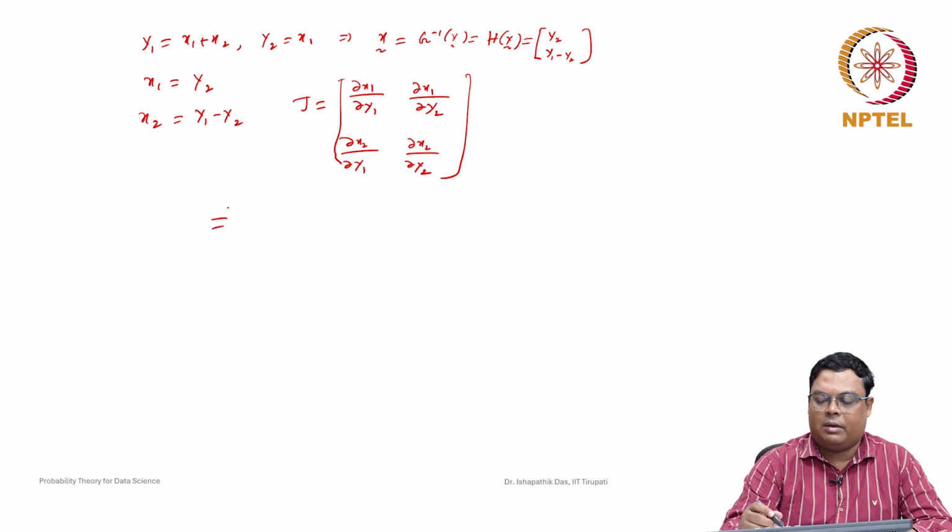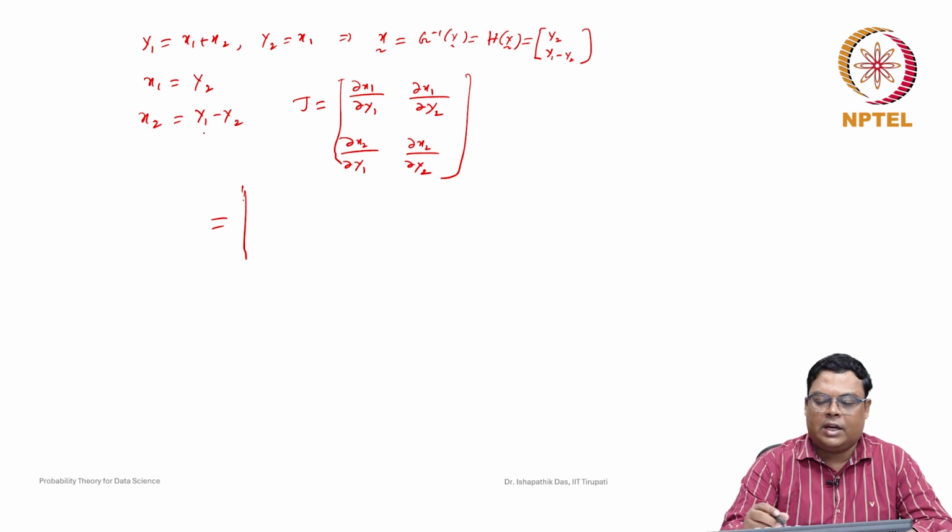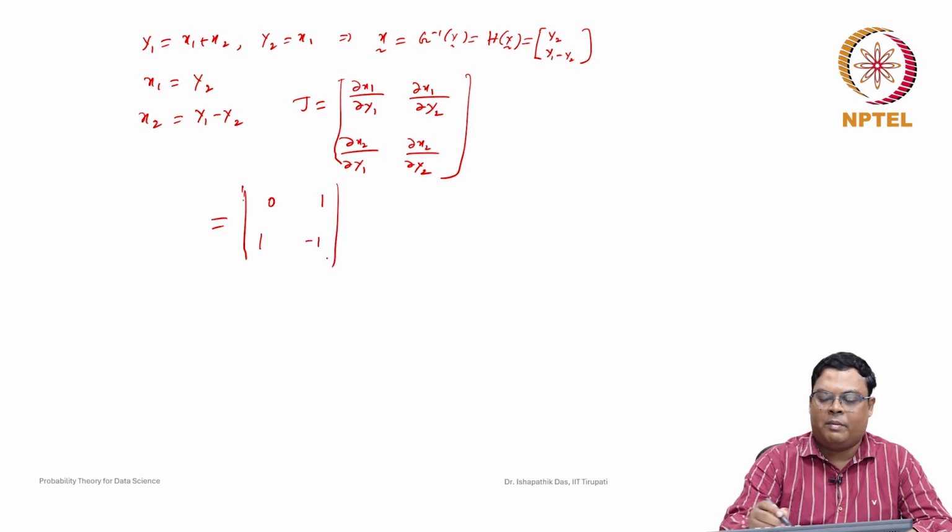From this function, del x1 del y1 is 0, del x1 del y2 is 1, del x2 del y1 is 1, and del x2 del y2 is minus 1.